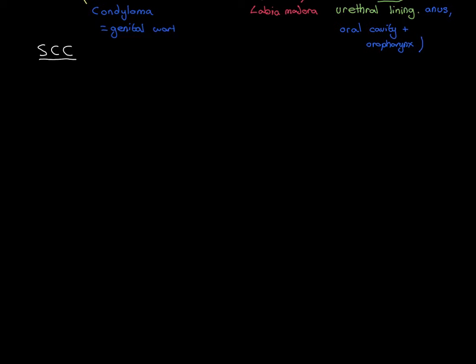Well, we know that it has to begin with an HPV infection, and this will be a mucosal HPV infection, most likely transmitted to the girl by sexual activity. This HPV infection needs to be a persistent HPV infection. It needs to go on and on to actually cause a problem.